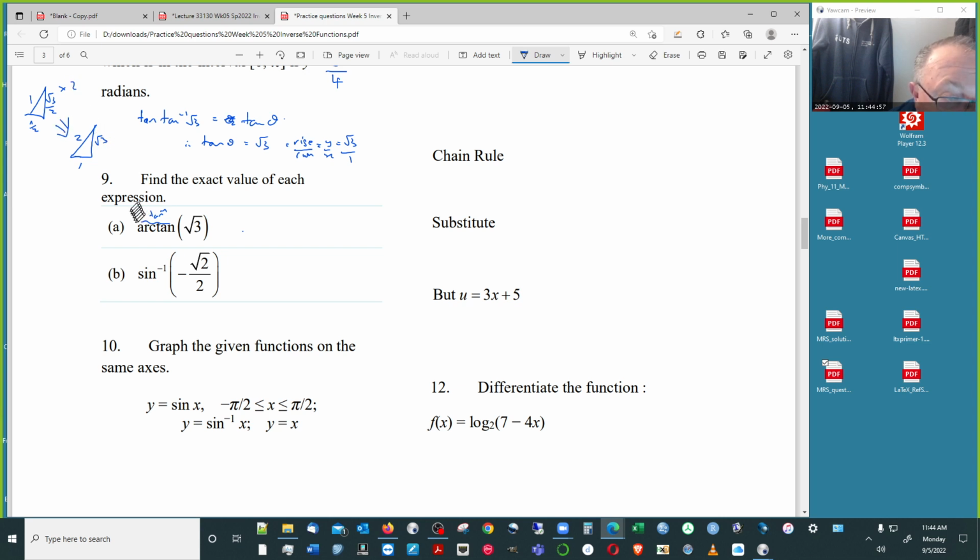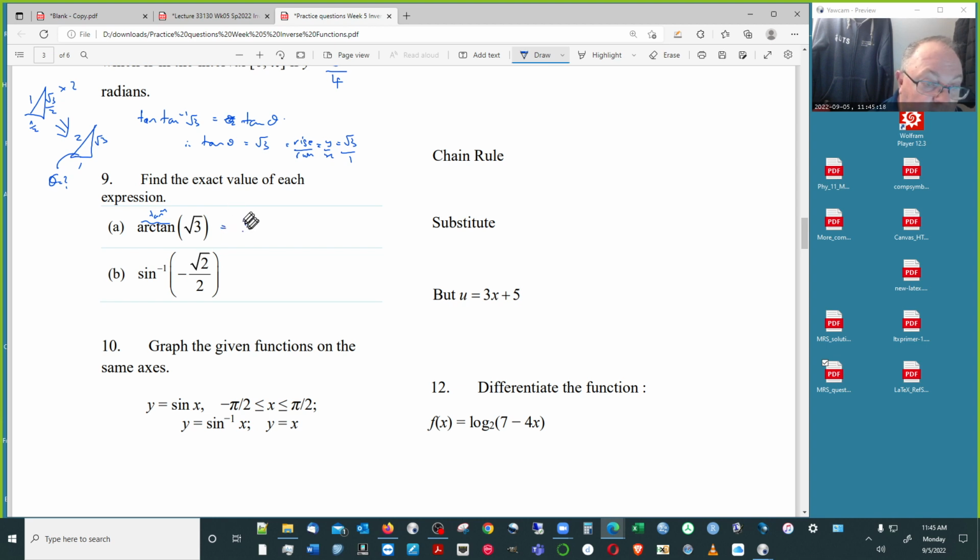So it's a scaled up one, but the angles don't change. This is really saying, what's that angle? And we know it's a 30-60 triangle. So just by recognition, that's 60 degrees. The bigger number has the smaller denominator.